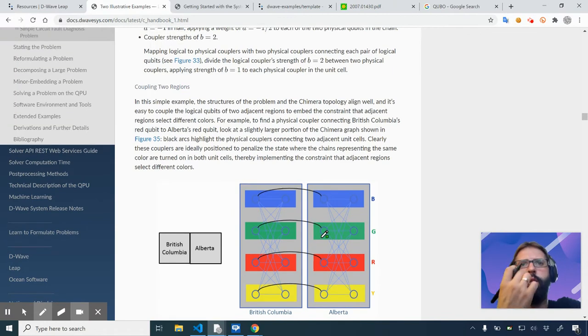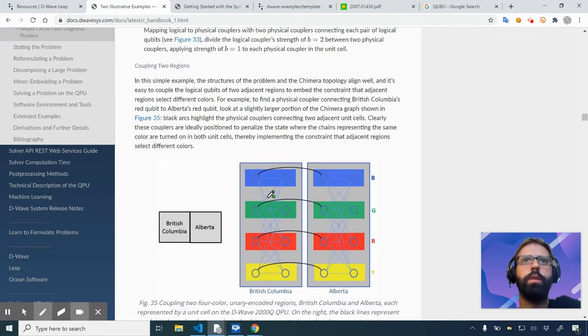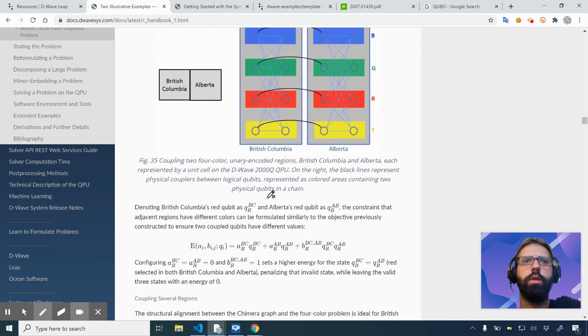And so how do you do this with more colors?